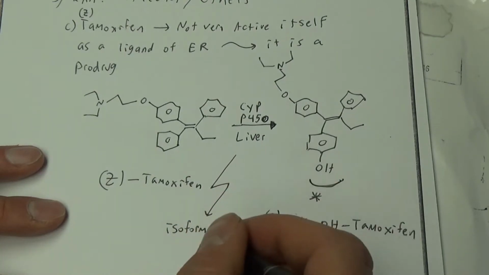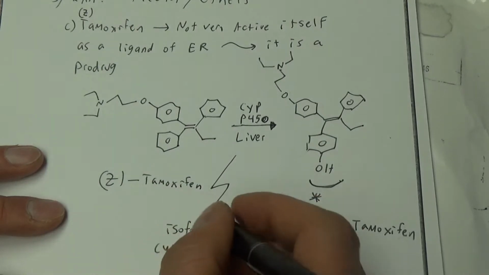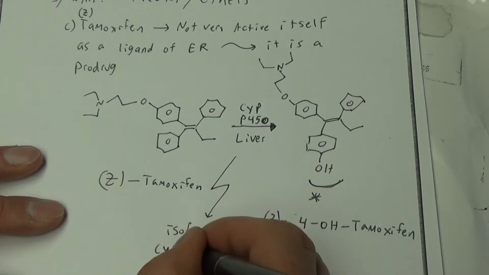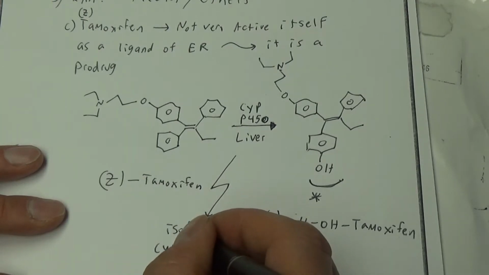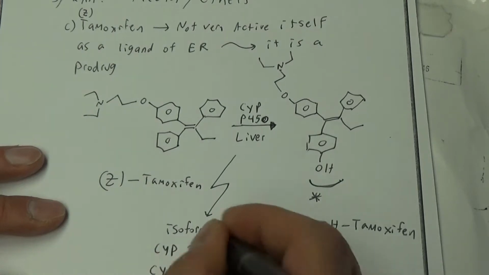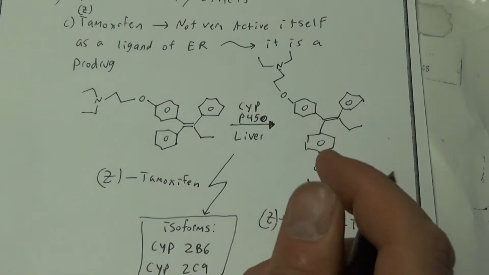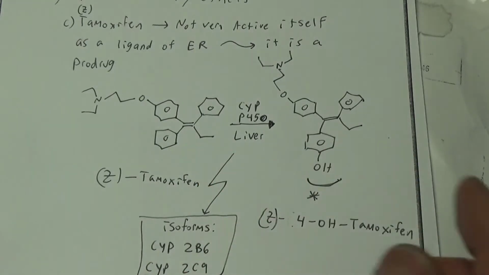For this reaction, we call them CYP 2B6 and 2C9, and other ones also, but they can be identified as specific variations of the protein.